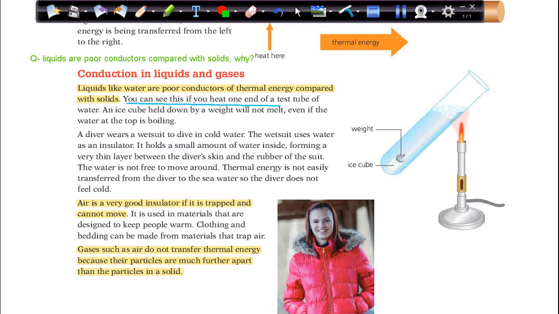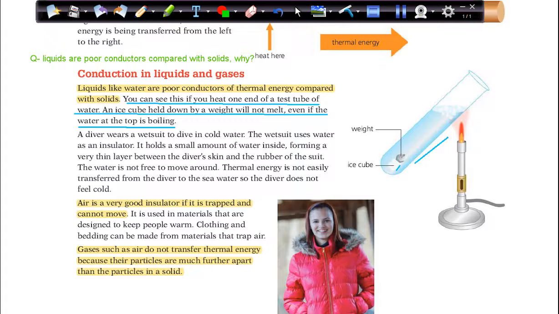So you can see this. If you heat one end of a test tube of water, an ice cube held down by a weight will not melt, even if the water at the top is boiling. Exactly like this in this picture.